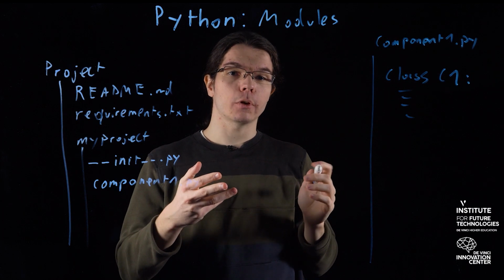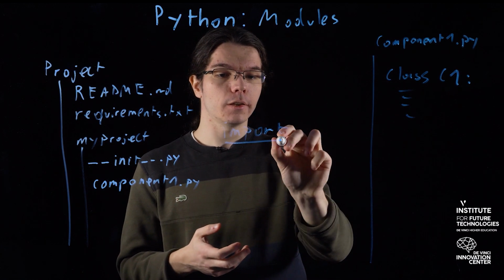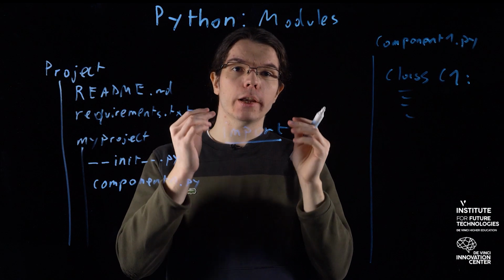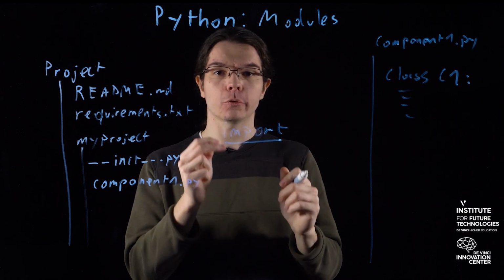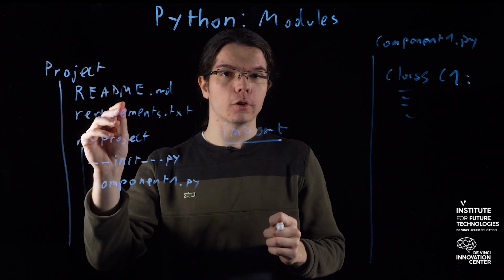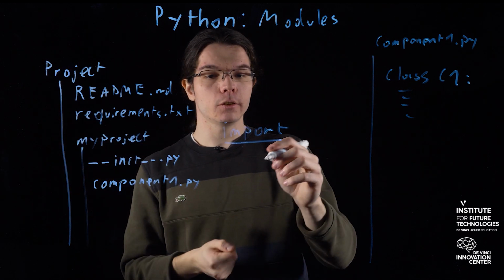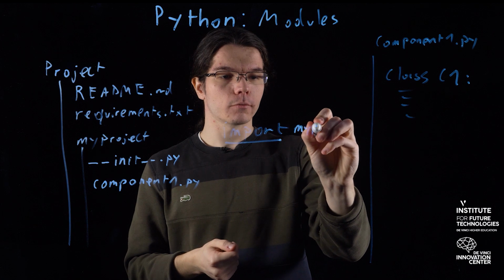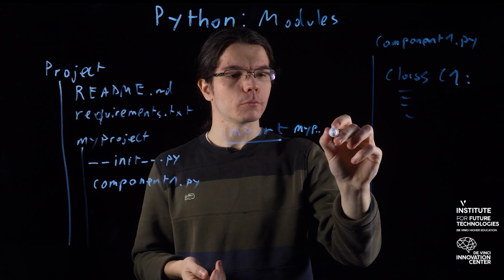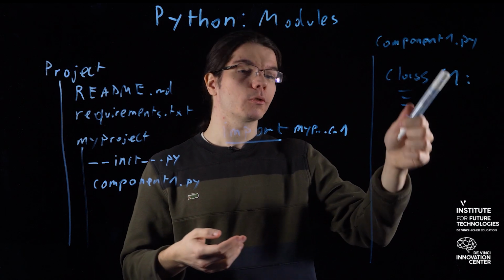Now, in Python, you have noticed you are going to be able to import modules using the import keyword. And this keyword is very important. The import keyword is actually relative to where your Python executable is launching from. And this is extremely important if you do not want to have import errors. You are going to launch your Python executable with a current working directory of project, not my project, but project. And then you are going to be able to import my project. So you can say from my project.component1, you can import the C1 class.